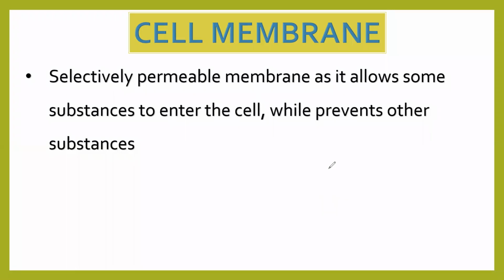Okay. Now let's move on to the next point. So cell membrane is a selectively permeable membrane which is going to allow some substances to enter the cell while preventing other substances from entering the cell.